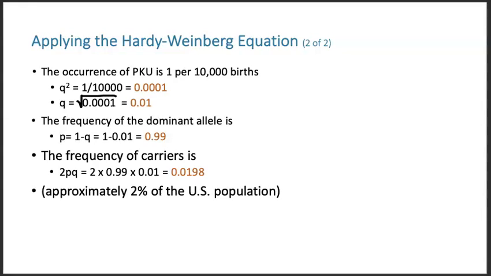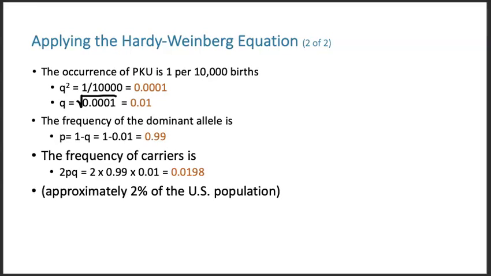If we look at the math of this, remember, we don't really know how many people in the United States are heterozygous per se. Like you probably don't know if you're heterozygous for PKU or not. I actually know because I had some genetic testing done. So I'm not heterozygous for PKU.